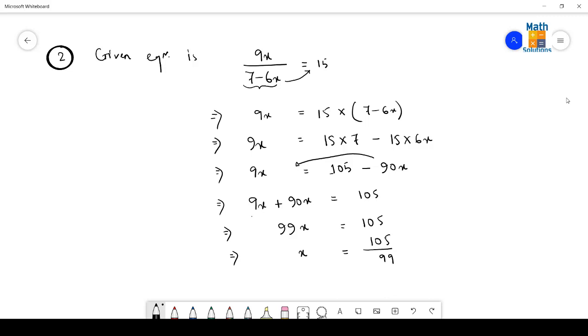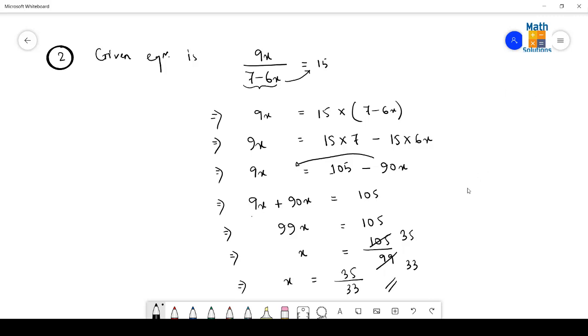Since the sum is divisible by 3, therefore the whole number will be divisible by 3, and I get the result as 33 here, and in this case the result comes as 35. So the value of x comes here as 35 by 33, and this is the answer.